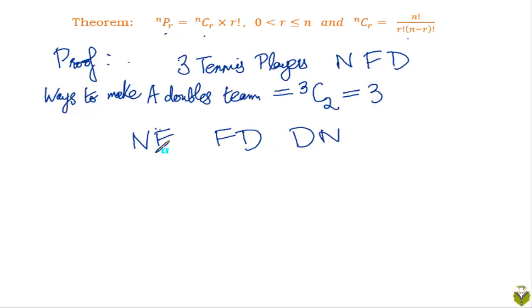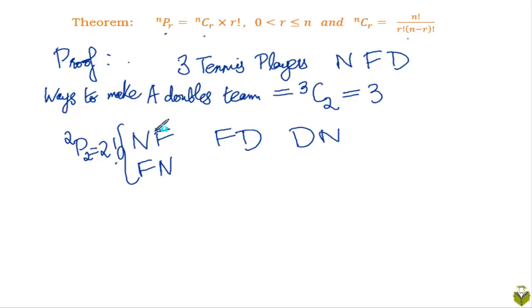So what happens is that each of them can be arranged. The arrangement of 2 objects taken 2 at a time is 2P2, or 2 factorial.